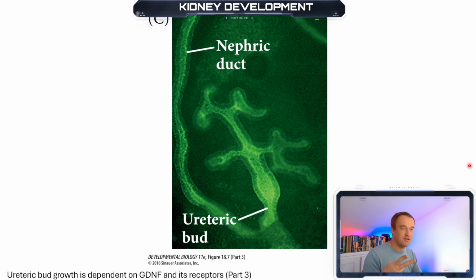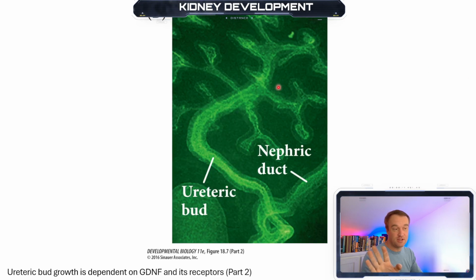So obviously, if you're a diploid like a human, you have 2 copies of each gene. So if you have 2 functional copies of GDNF, this is what your kidney looks like with your ureteric bud and your nephric duct, and you can see the branching occurring inside the kidney.